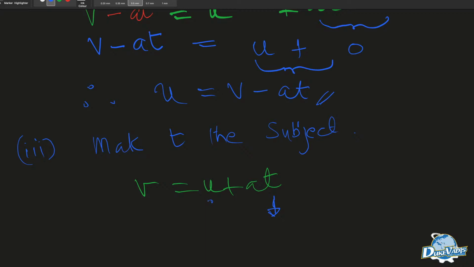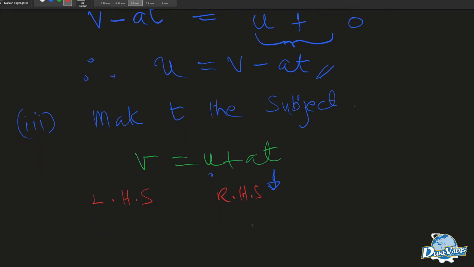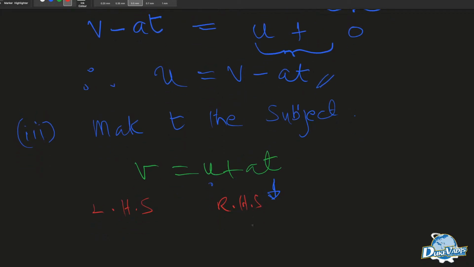Because on our left hand side, we have only V. On our right hand side, we have U plus composite AT. We know that U is there, and what U is doing over there is addition. So we know the inverse of addition is subtraction. So we're going to subtract U from both sides of the equation.